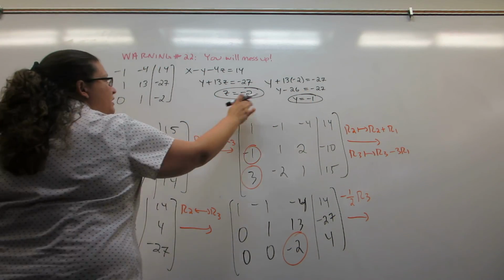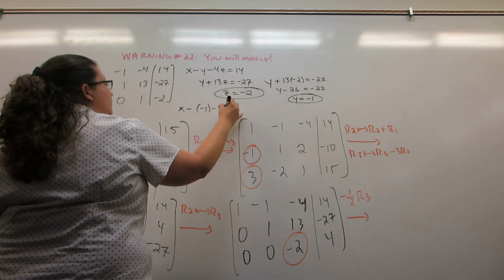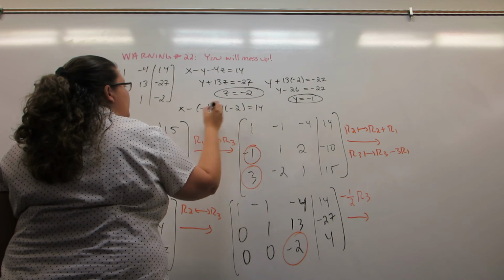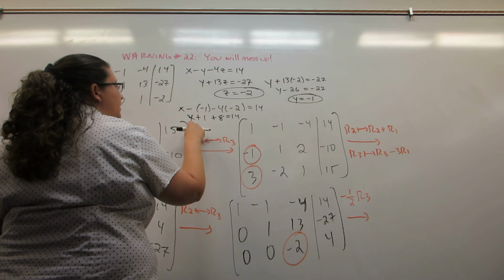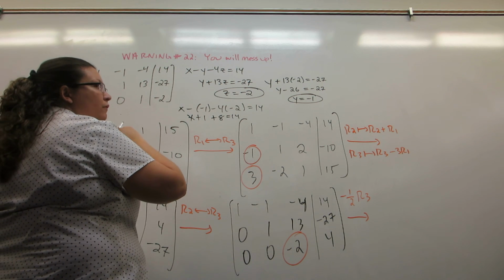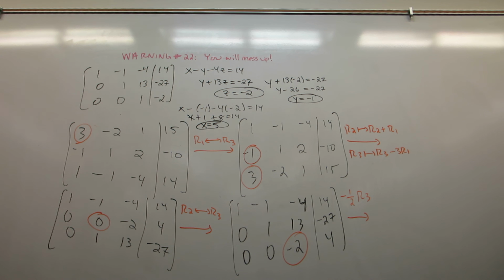Since I know z and y, I'm going to plug them back in to solve for x. So this is x plus 1 plus 8 equals 14. X plus 9 equals 14. So x equals 5. And thus I was able to solve my system.